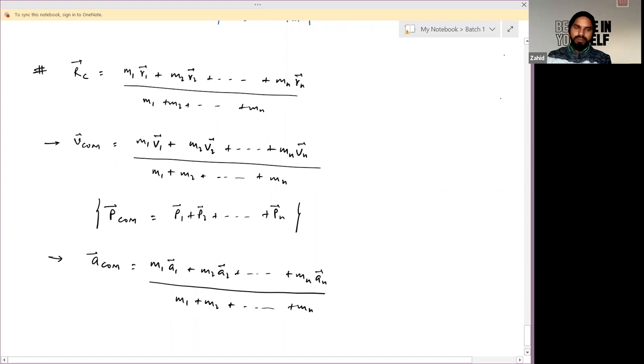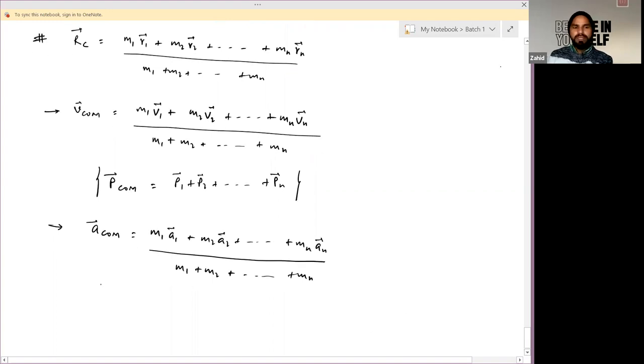Now, if you move all masses towards left, you will get total mass into acceleration as total force about center of mass. So it should be equals to F1 plus F2 plus so on to Fn. Is it clear?